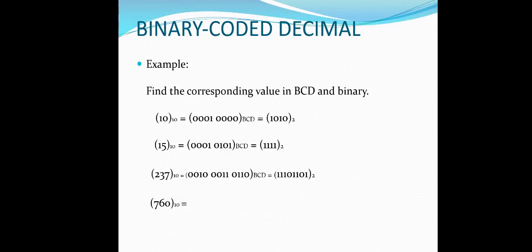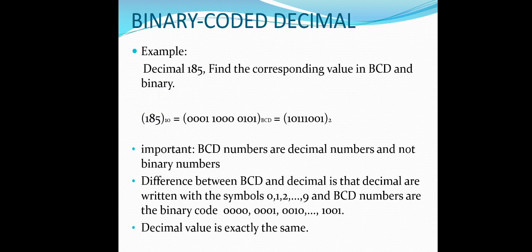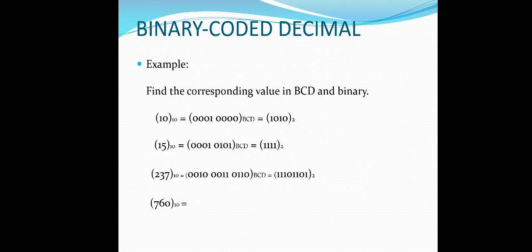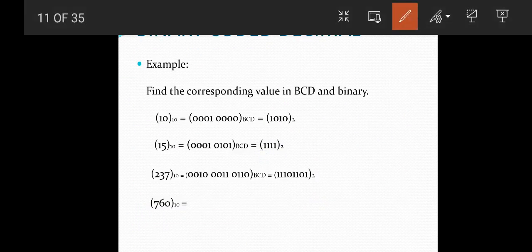Next. So this is another example for binary coded decimal. Your first example is 10. Your 10 will be represented in BCD as this one. So this will serve as your 1 and then your 0. So mahog siya 10.